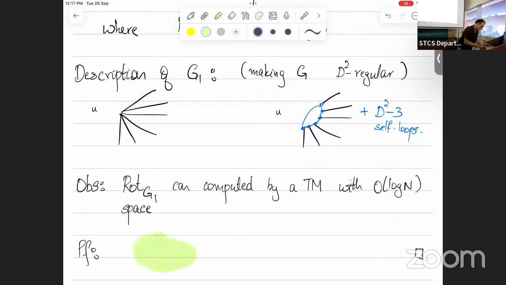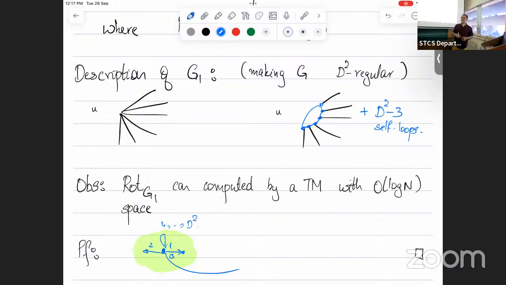Maybe let's say this is the old cloud that we have, and this is one of these vertices. The edge going to the next vertex, maybe I call that the first edge. The one going to its left, maybe I call that the second edge. The intercloud edge that is going out, maybe I call that the third edge. Everything else is basically 4 all the way till d squared.